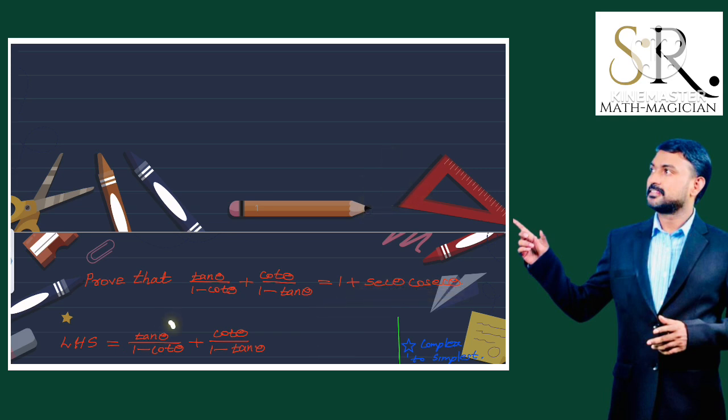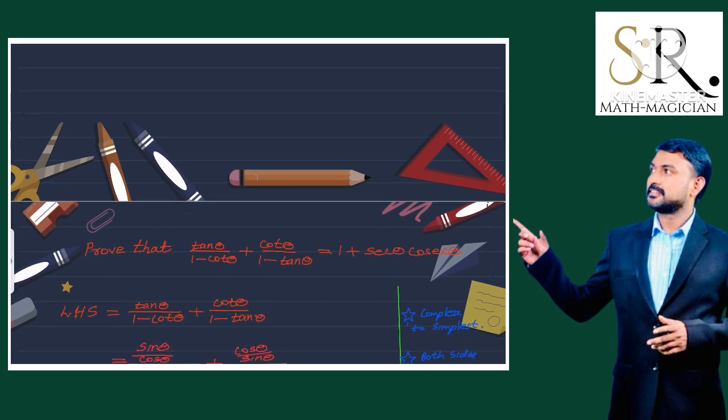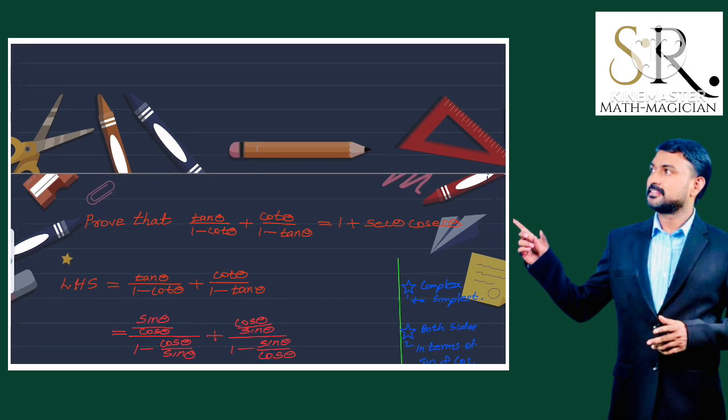So on the left side, instead of tan we can write sine by cos, and instead of cot we can write cos by sine. Similarly, in 1 minus cot and 1 minus tan we can also change. So we got the step sine theta by cos theta. From where did we get this sine theta by cos theta? We changed tan theta into sine theta by cos theta.